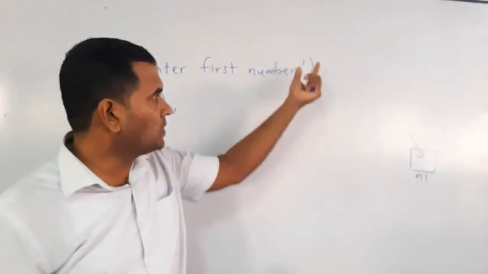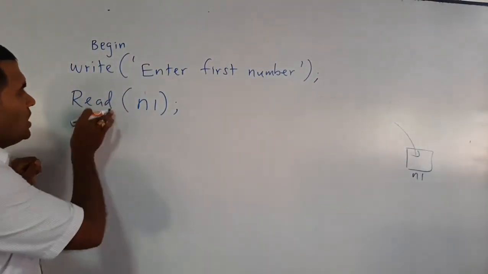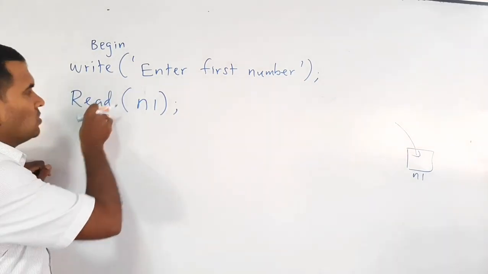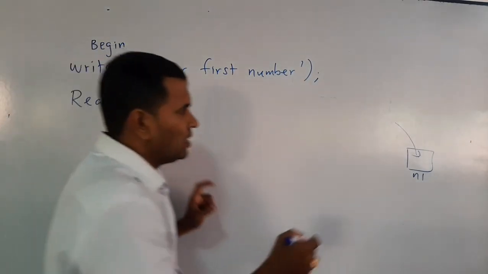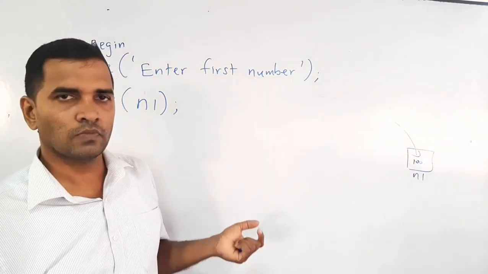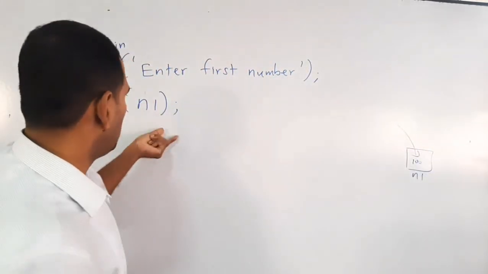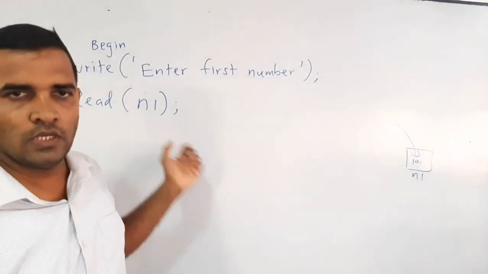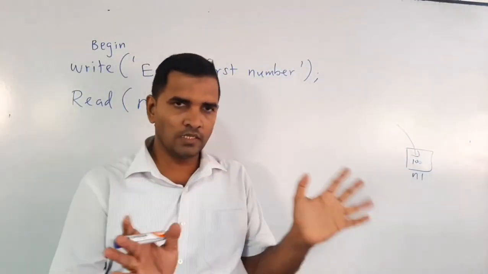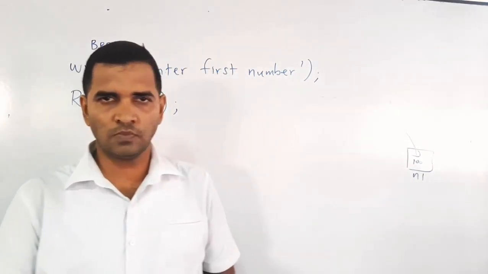So suppose the user entered 100, now read N1, which means store in N1. So that 100 must be stored in N1. Right? So your first number which you entered is in N1 now. Assume N1 is a box, but later I will change the meaning and explain something.